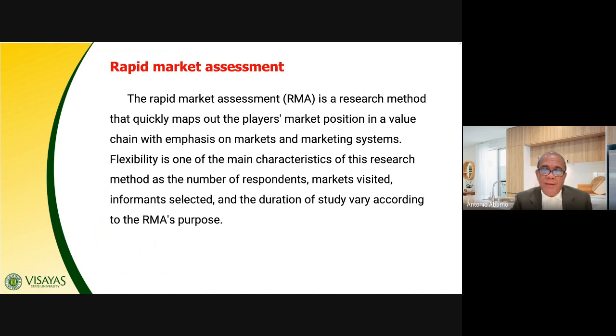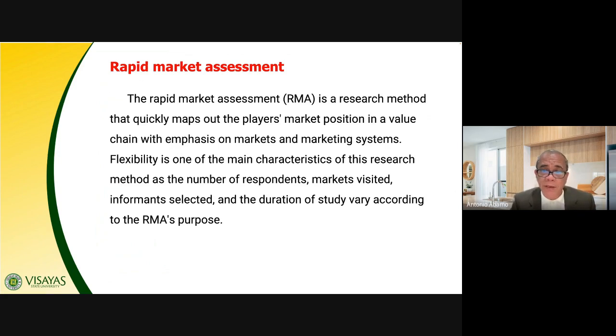In other words, from the word rapid market assessment, it really scans through the market very quickly, but taking note of the very important dynamics that are essential in being able to penetrate a very fragile or even very volatile market very quickly, before it changes in texture and structure, and for you to be more or less in sync or even ahead of the competitive landscape. So this is what we call rapid market assessment.